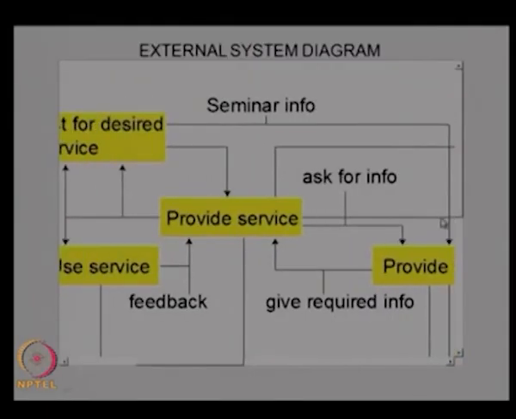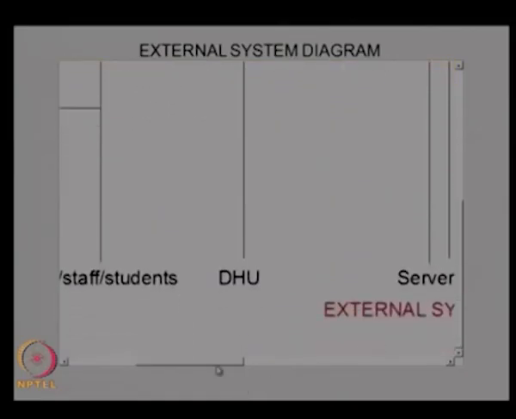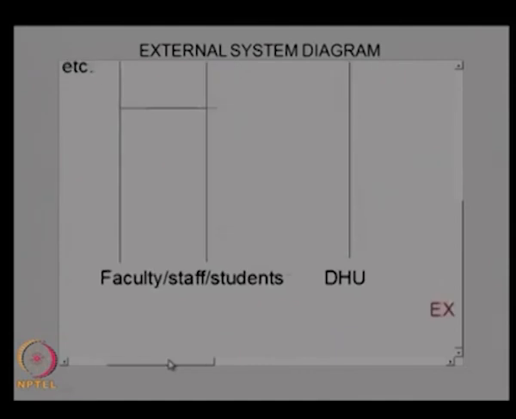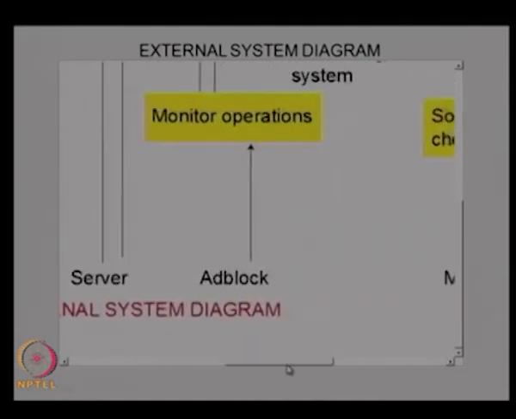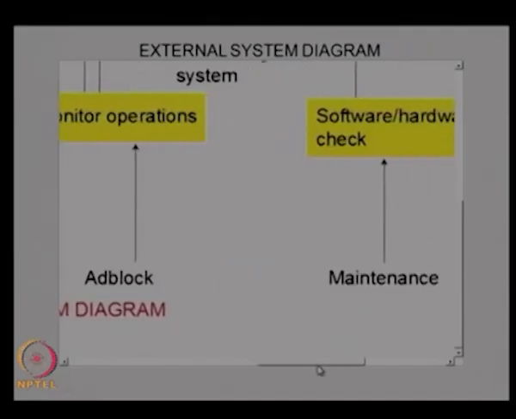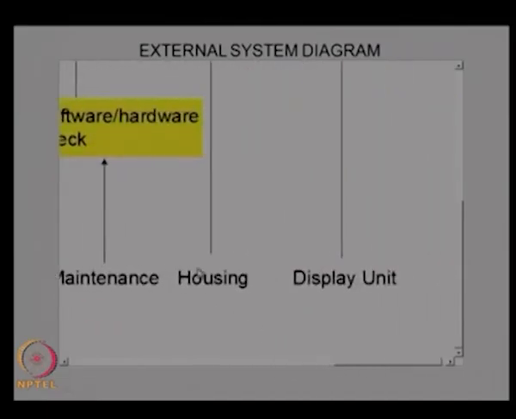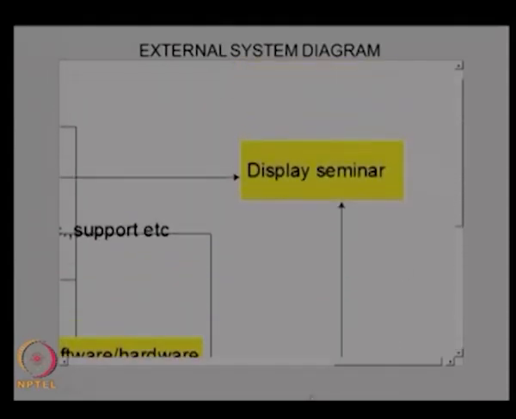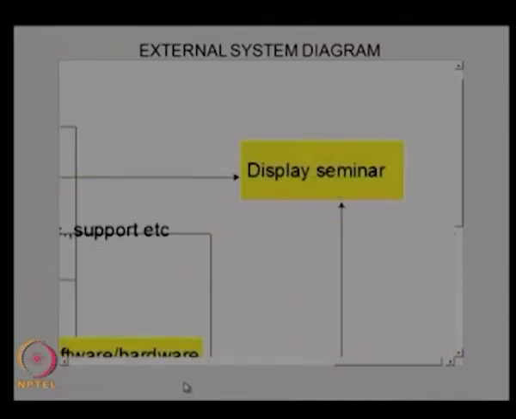Okay, this actually shows the details of the external system diagram which we showed in the previous one. So here you can see that faculty, staff, students are the external systems, then the server, then administration block staff, then maintenance people, then the housing or the infrastructure, then the display unit. These are the external systems, and then you have the main system here which actually provides all the information.